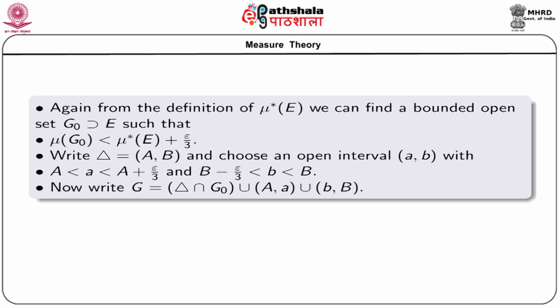Now, let us consider this set G, which is equal to delta intersection G0 union two open intervals. One is open capital A small a and the other is open small b capital B. Now, see that we have taken the union of two open intervals and the intersection of two open sets, which is again open. So, G is also open.